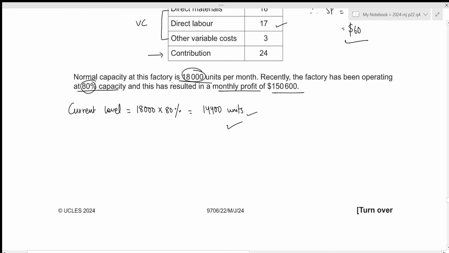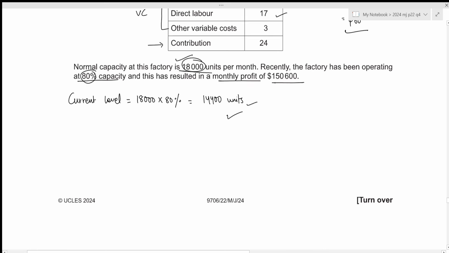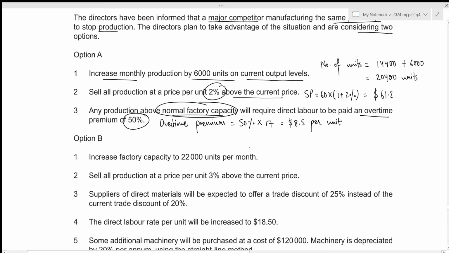In this case, we had been given the normal capacity of 18,000 units. So the excess units in this case, we take the total, 20,400, and subtract the 18,000. So we have 2,400 extra units on which we need to pay this overtime premium of 8.5 per unit.